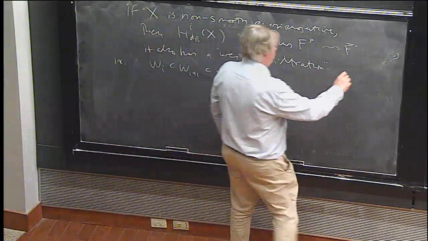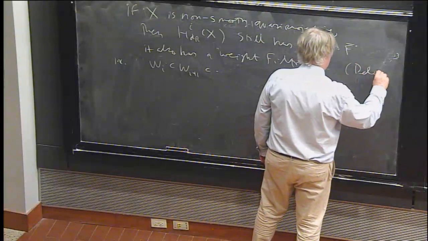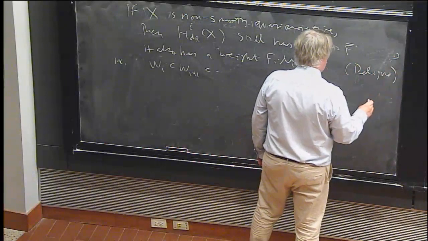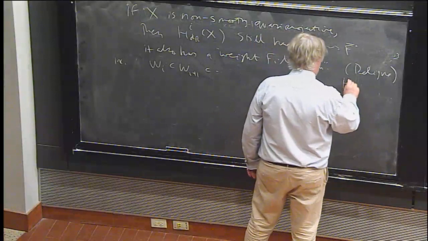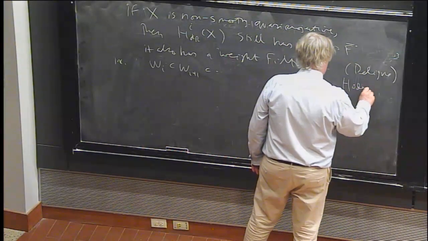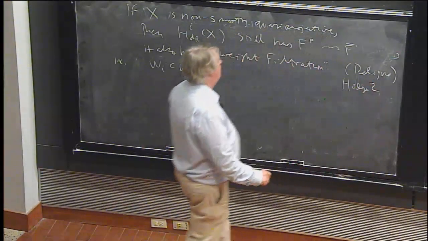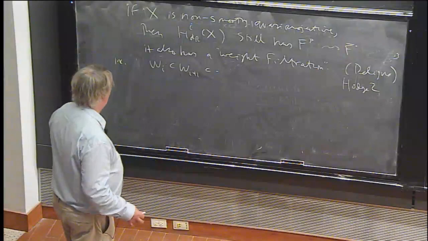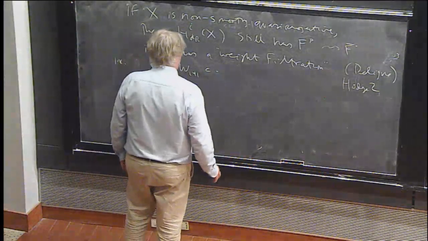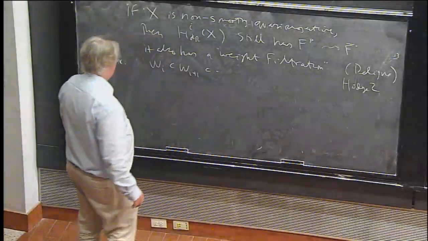This is by Deligne. If you haven't looked at this already, I would definitely suggest reading the paper Hodge 2. Hodge 3 also, but it's a little more difficult to read.